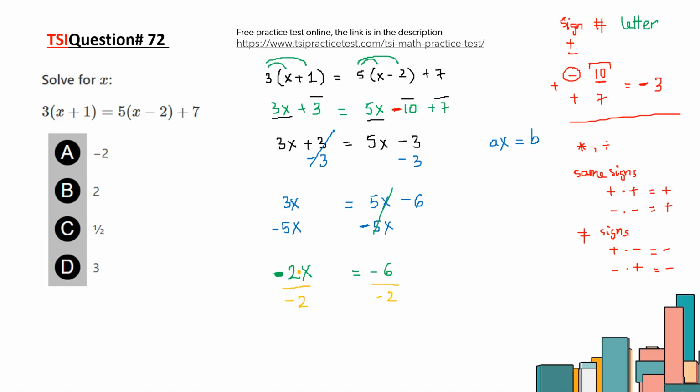Always do it to both sides, because when you're working on equations, always think of a scale. Whatever you do to one side, you have to do to both sides, to keep balance. Now negative 2 divided by negative 2 is 1. 1 times x is x, so that's how we isolate x. Equals negative divided by negative, same sign, makes it positive. So 6 divided by 2 is 3. So the correct answer is D.